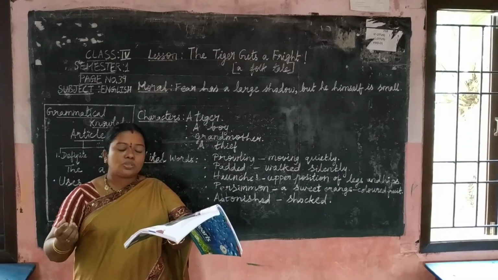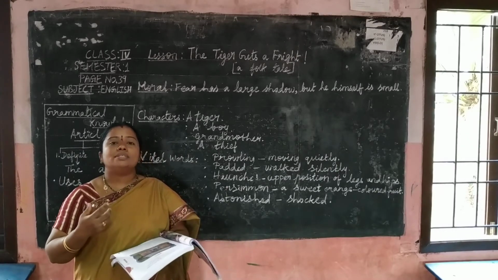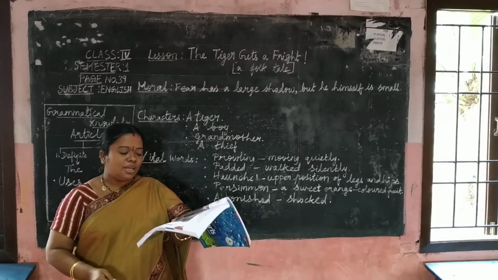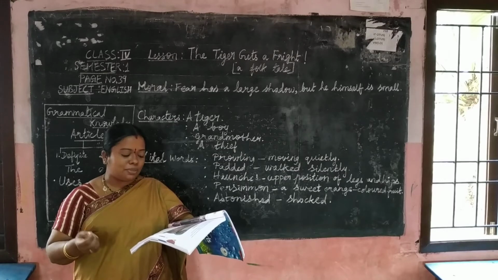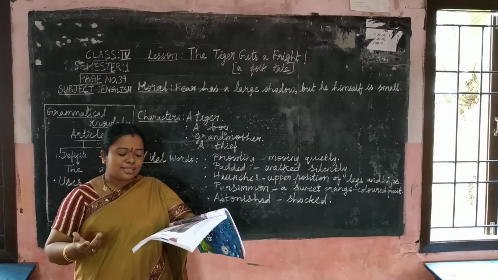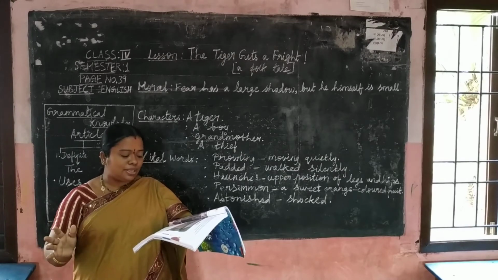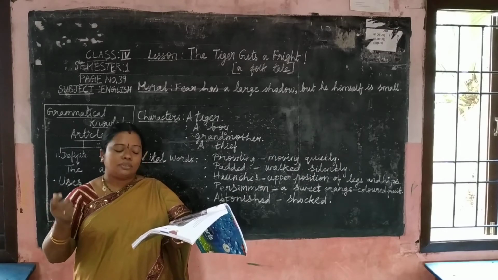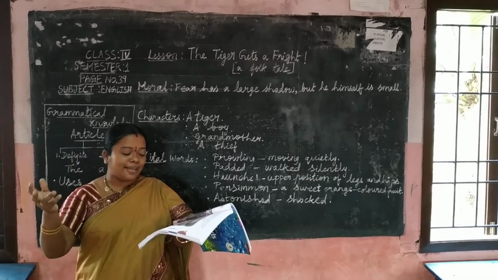Then, as he was about to spring, as he was about to hunt the boy, what happened? He heard the boy's grandmother talking to him. She said, shh, don't cry so loudly. The nasty striped tiger will come and get you.